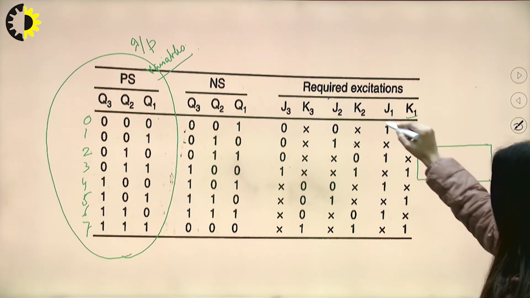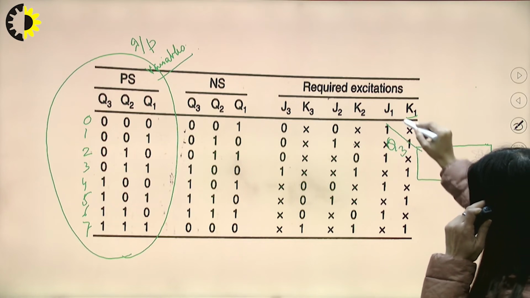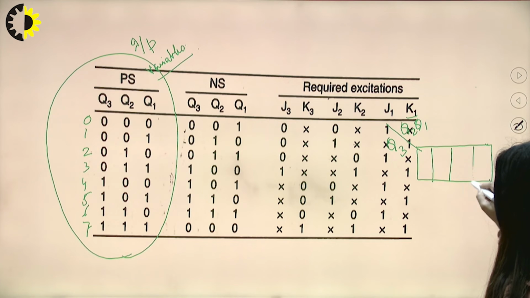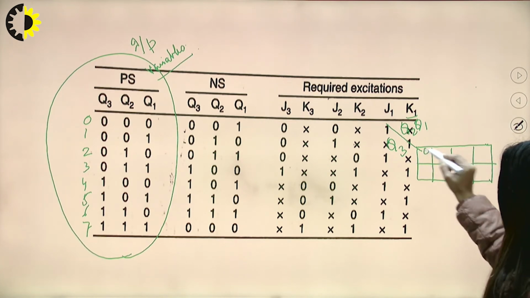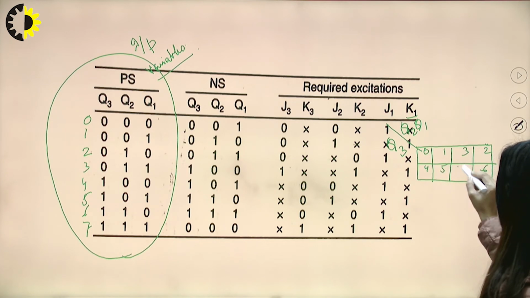So what I am saying is, just take Q3, Q2, Q1, 0, 1, 2, 3, 4, 5, 6, 7.